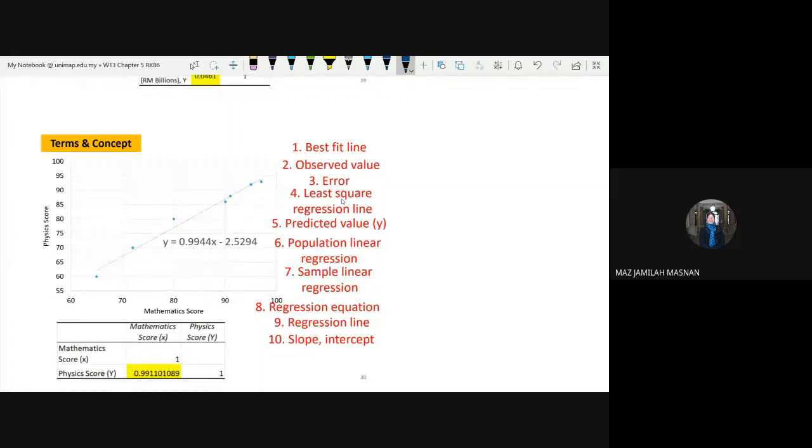Class, based on this particular plot, if I were to redraw it, I have my math here, I have my physics here, and I have my plot points, for example, here, here, here. When we say best fit line, it will be the best line that fits your data. You may have different kinds of line.